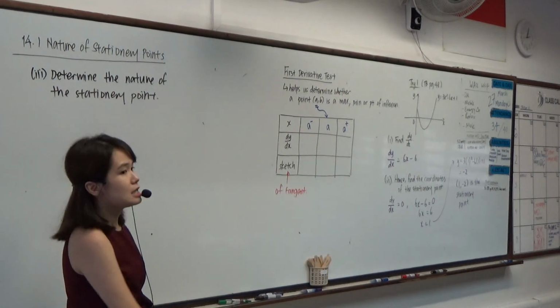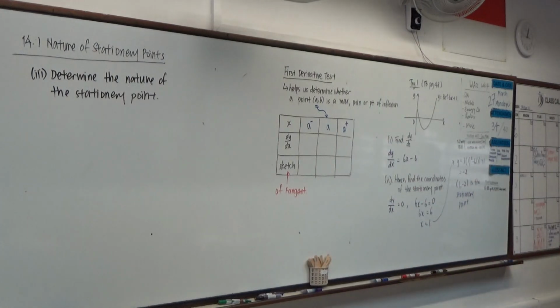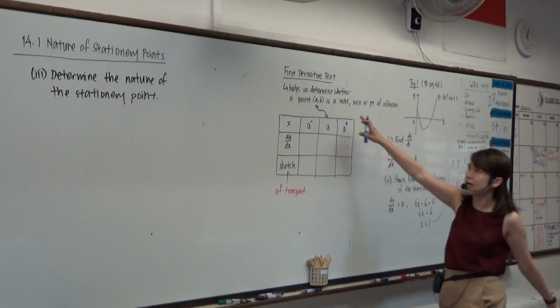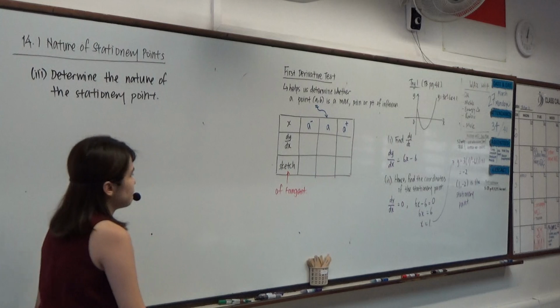Very clearly from the graph, I know that it must be a minimum. But what if the graph is not given to us, which is going to happen for most of the cases? That's where we will be making use of our first derivative test to help us determine whether it's a maximum, minimum, or a point of inflection.